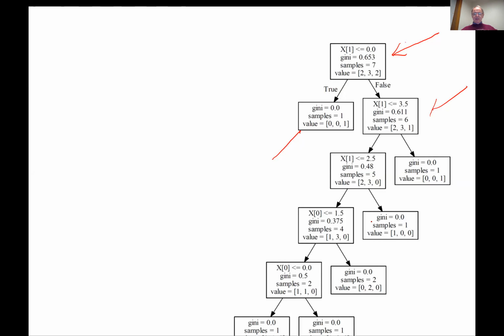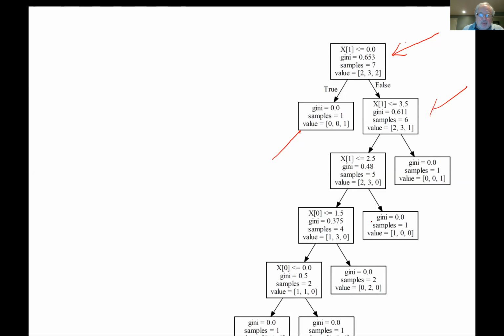No, not necessarily. If you have a data set with 2 points, one of each category, then the Gini index will be a half. But if you have 3 points, two of one and one of the other, then you'll have a lower Gini index.